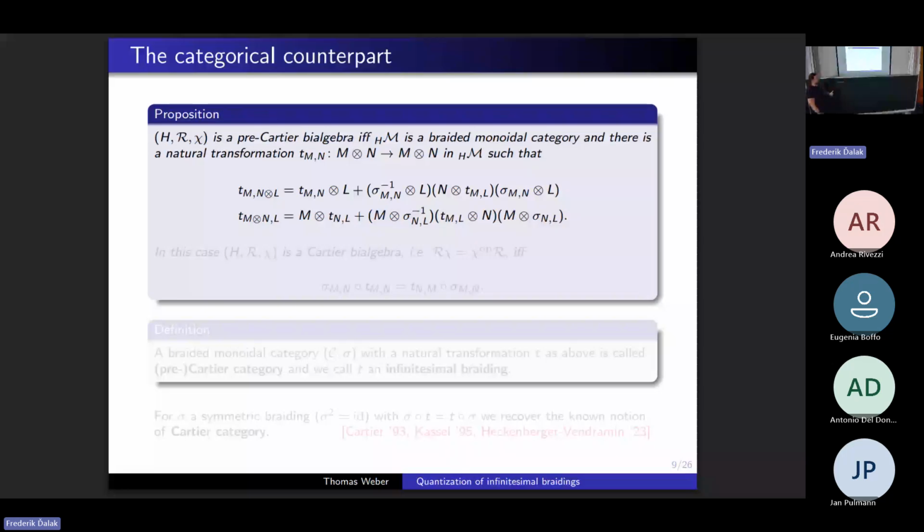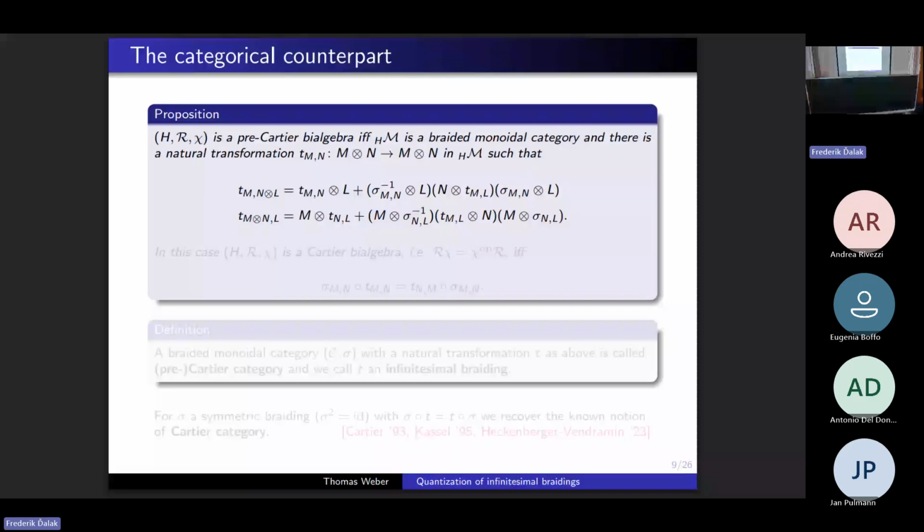This we know because part of the data is an R matrix. But we have this chi, some extra, and this chi will give rise to a natural transformation T, that you can see is not flipping stuff, so it keeps the order. It's a morphism in the category of left modules, and it satisfies these two properties that look a lot like the twisted or the braided primitivity axioms.